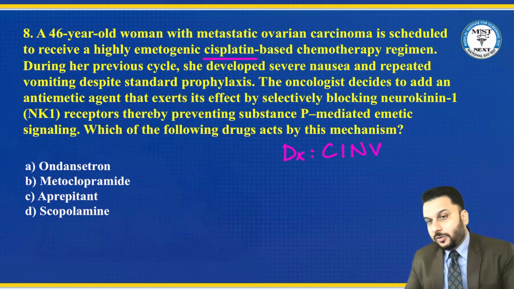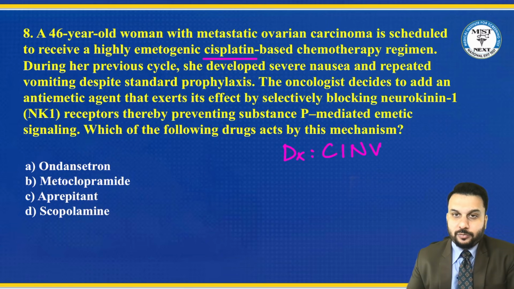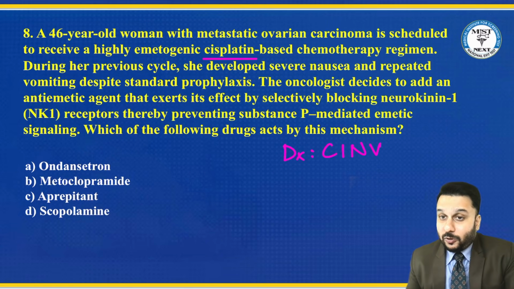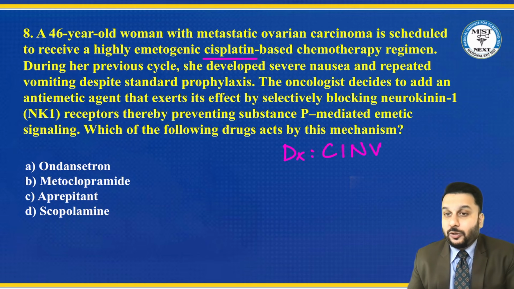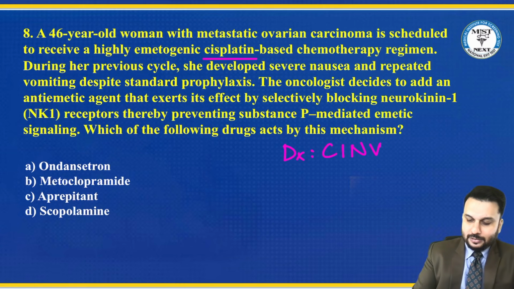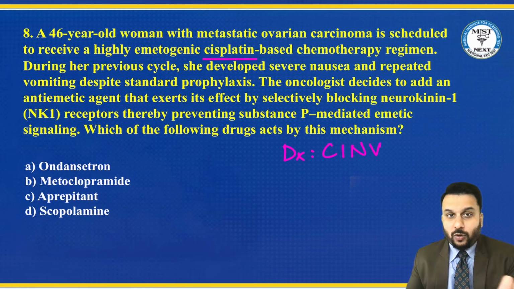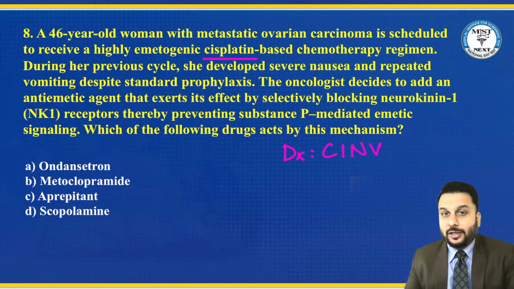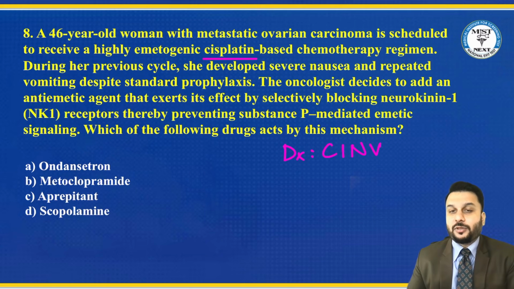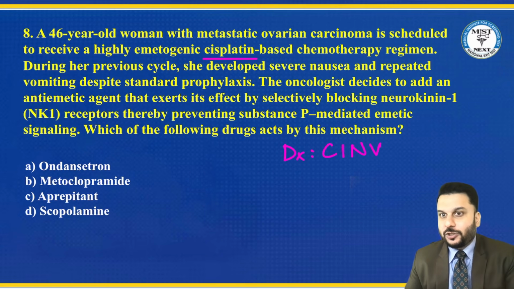So we got early onset and we got the late onset. So right now they're asking about the late onset, the drugs called neurokinin inhibitors. Okay, they are called pitants. See, what does neurokinin do? Neurokinin basically is working on something called substance P, which causes vomiting.